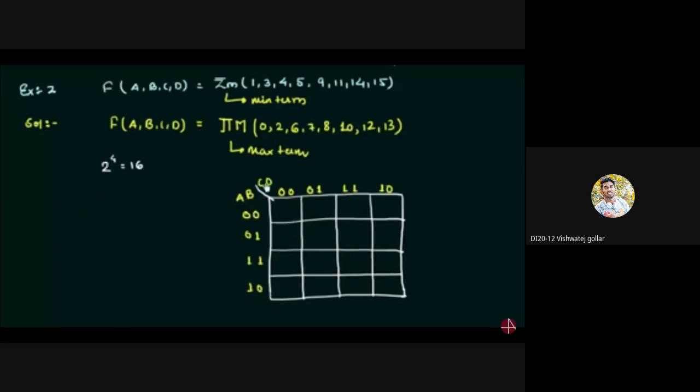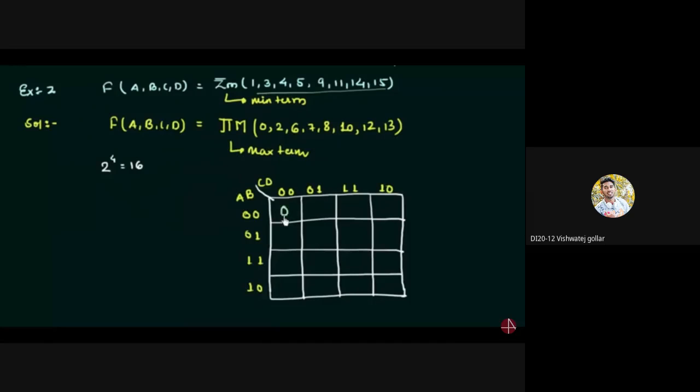Fine. Now it is time to fill up these cells. Okay. So as the topic is K-map using the maxterm, I'm going to fill these cells with zeros. I'm not going to fill them with ones. So at 0, this is your M0.